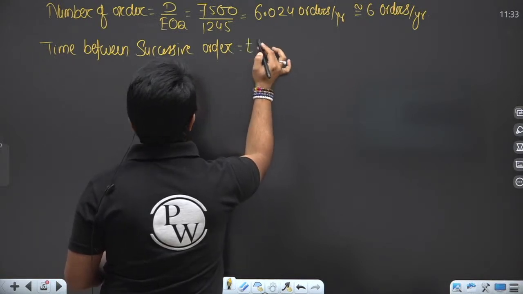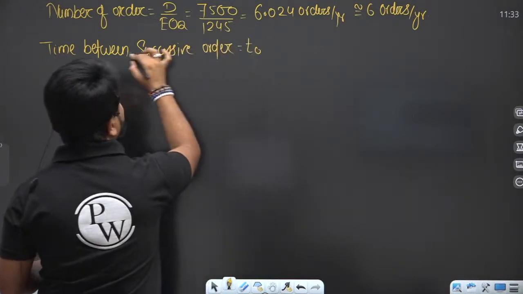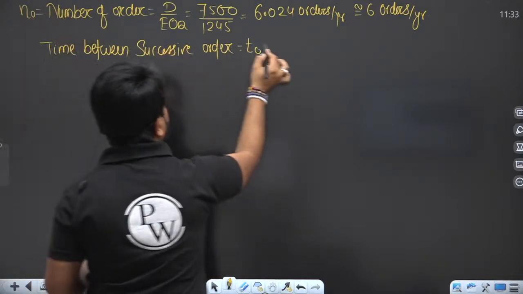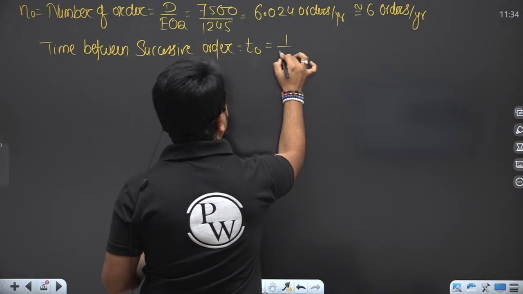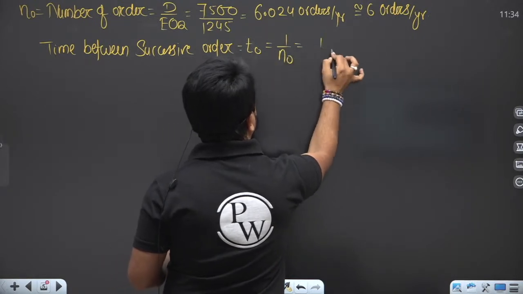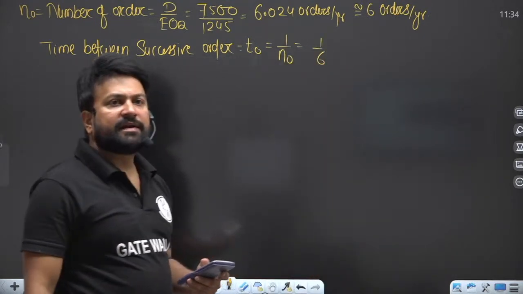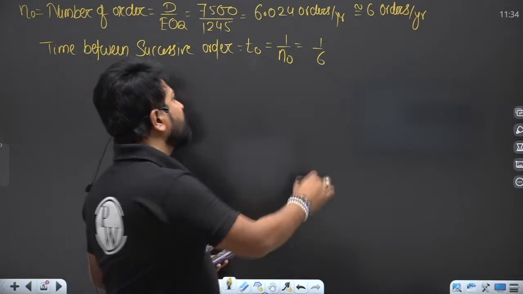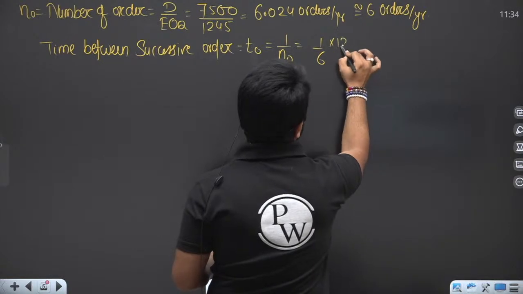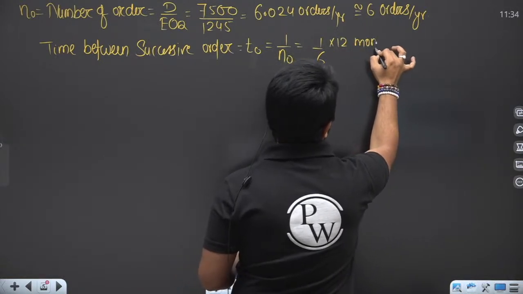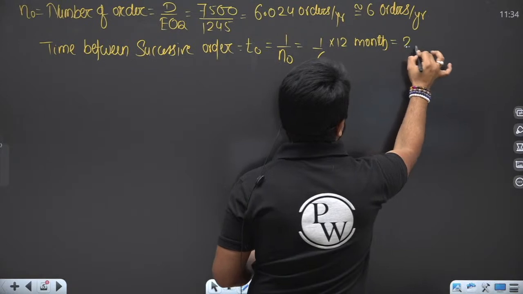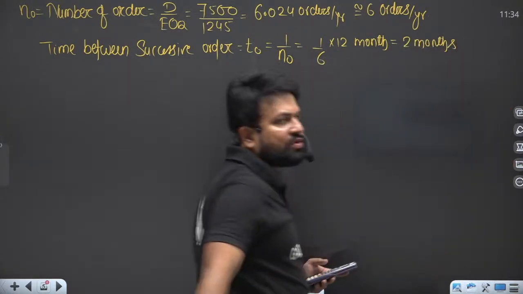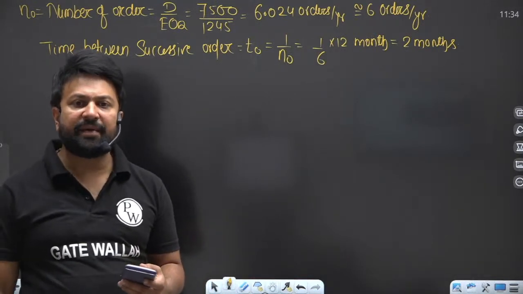Let's say the number of orders is N naught, and the time between successive orders is T naught. It will be 1 by N naught, 1 by 6. Here it comes per year. You have to find per month, so multiply by 12. So it will become 2 months. So the time between orders is 2 months.